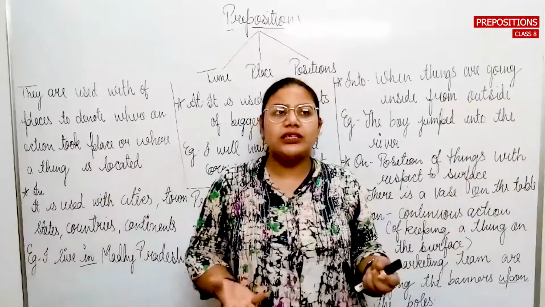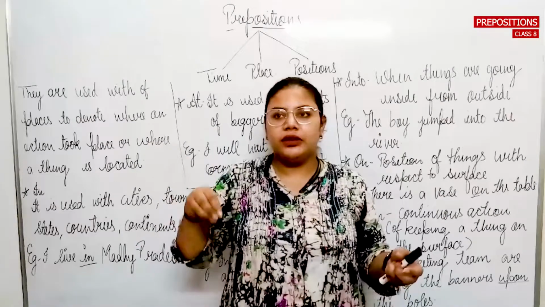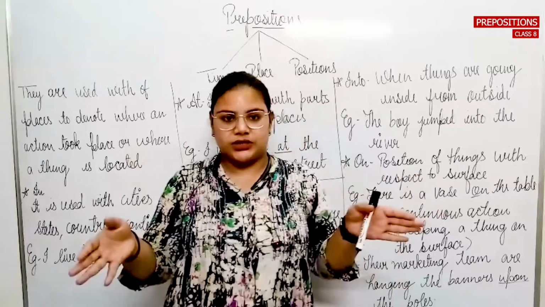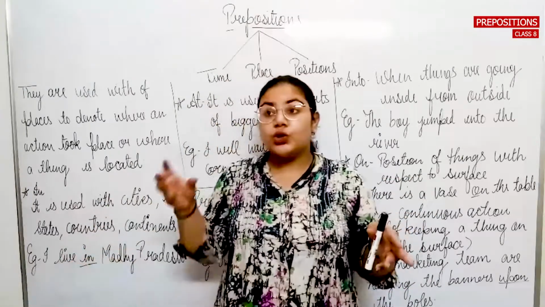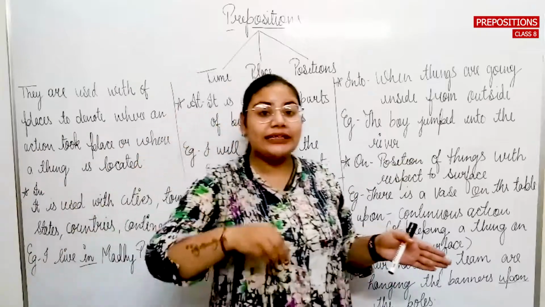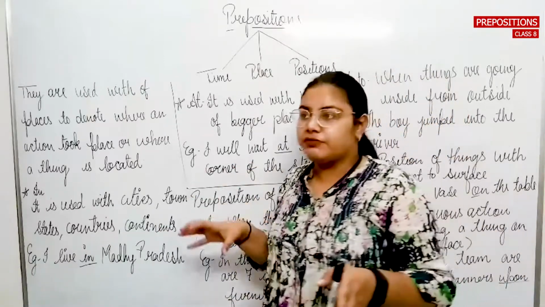I cannot say bigger, but if I say the cat is sitting in the basket, I am not saying that the basket is bigger. But if I say the cat is sitting at the corner of the basket, it makes a huge difference. Why?